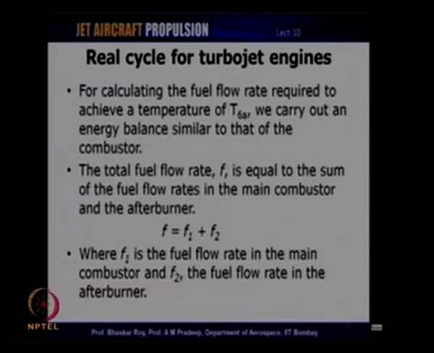So, let us say the new total fuel flow rate is F. This would comprise two different fuel flow rates. One is because of the main combustor and the second is the fuel flow rate in the afterburner. So, let us denote F1 as the fuel flow rate in the main combustor, and that in the second combustor, that is the afterburner, will be F2. So, total fuel flow rate F will be equal to F1 plus F2.